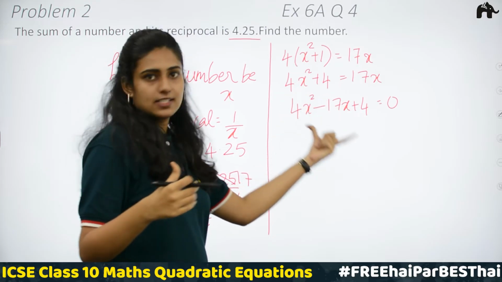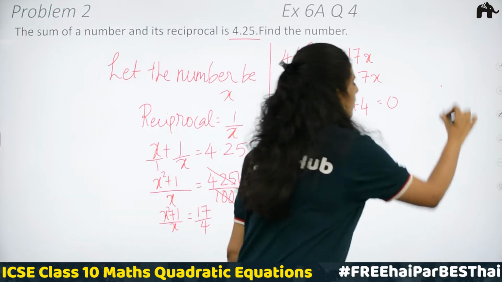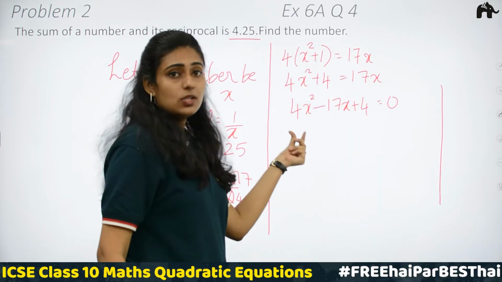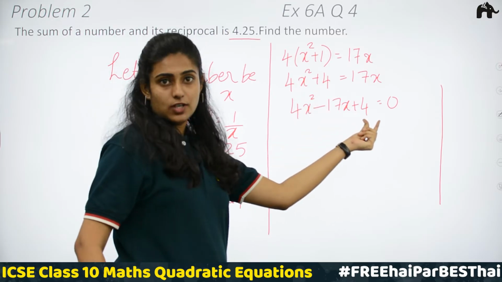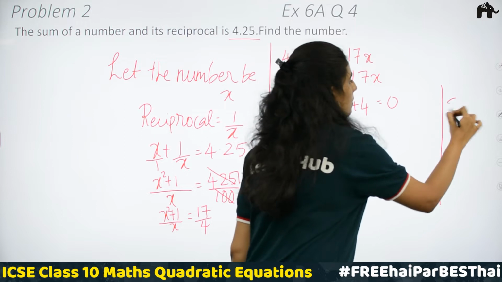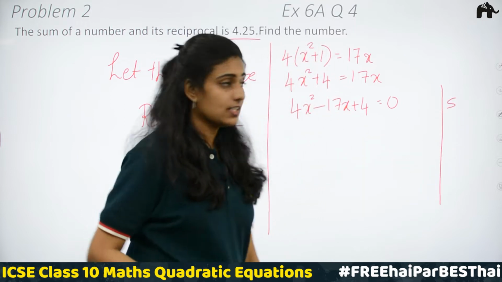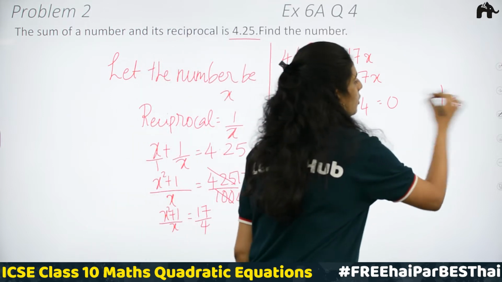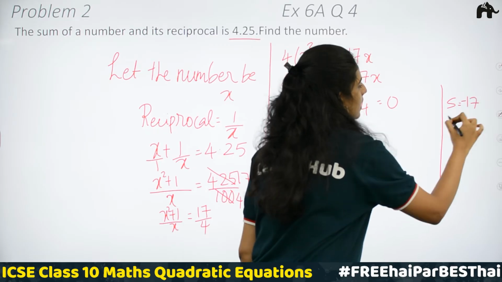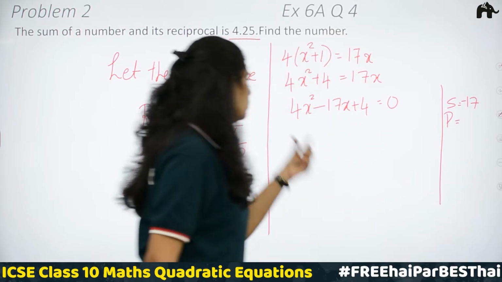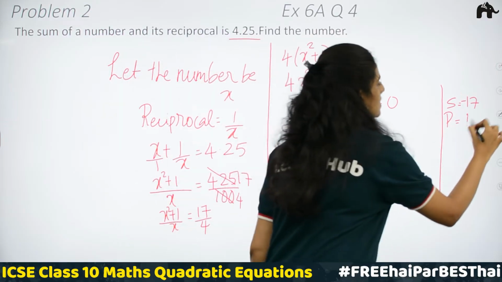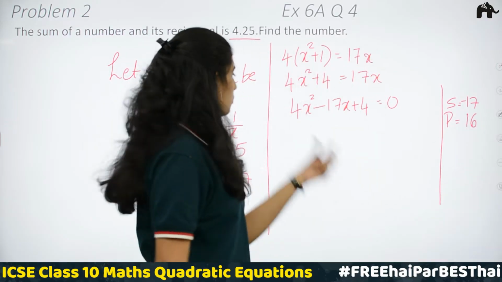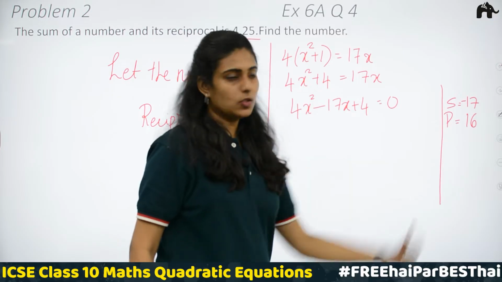Now we have to factorize this. Here we have a is equal to 4, b is equal to minus 17 and c is equal to 4. The sum of the two numbers chosen for factorization should be equal to b, here minus 17, and the product should be equal to a into c, 4 into 4, that is 16.